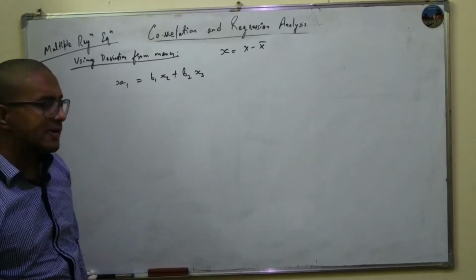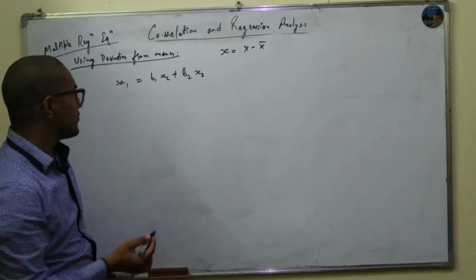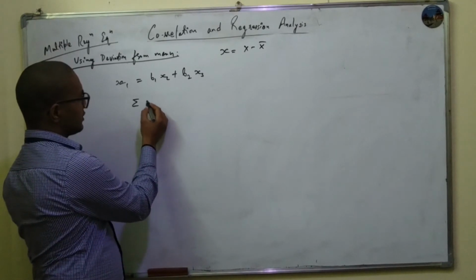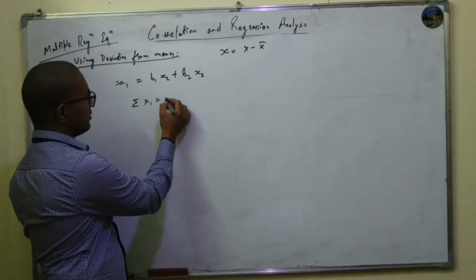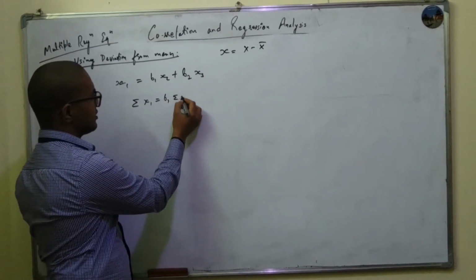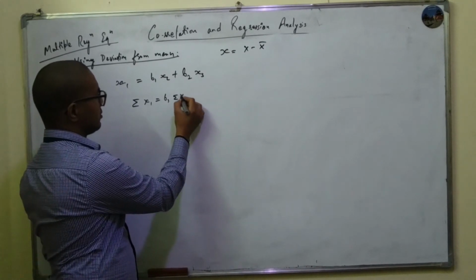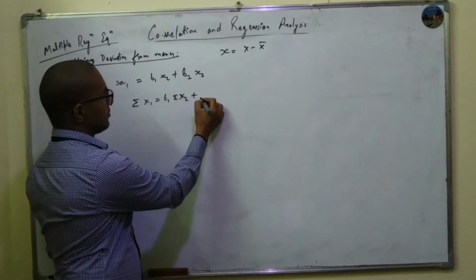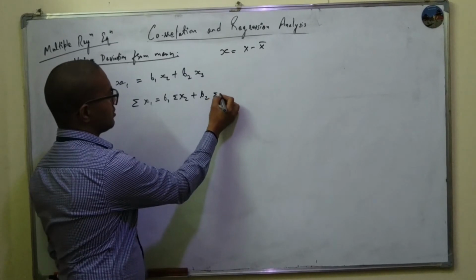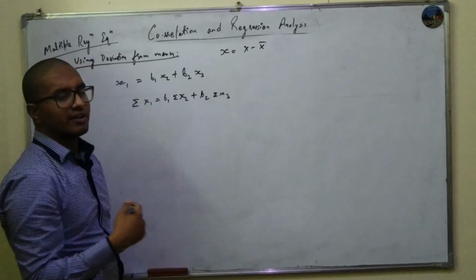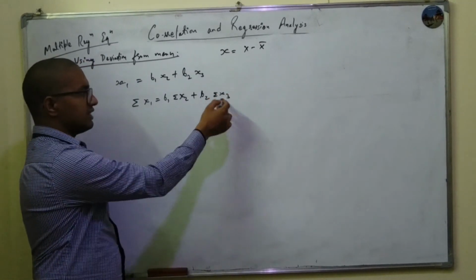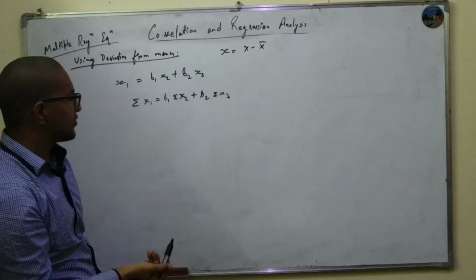Next, we multiply this by summation x1 equals b1 summation x2 plus b2 summation x3. You will have these figures in the table that you computed.